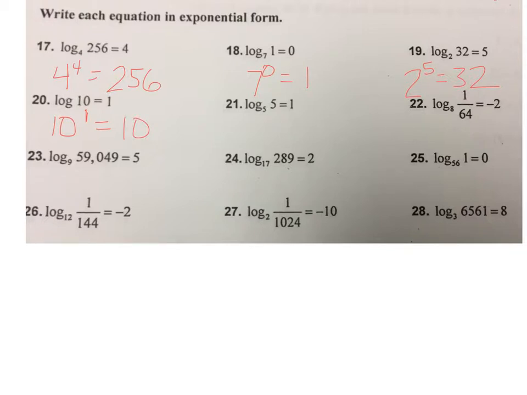So the base 10 is assumed whenever there is a base missing. So 10 to the first power equals 10 is the answer here. I will leave you to finish problems 21 through 28. Pause the video, and you'll probably need maybe 2 or 3 minutes.